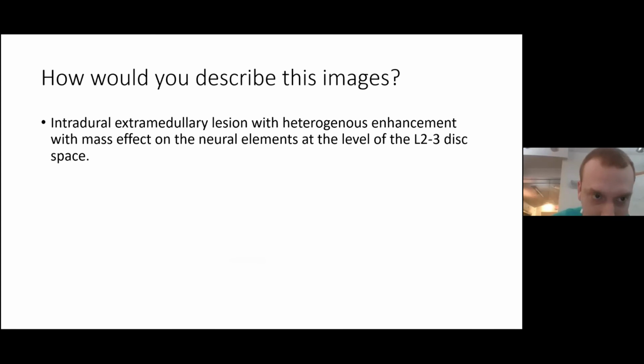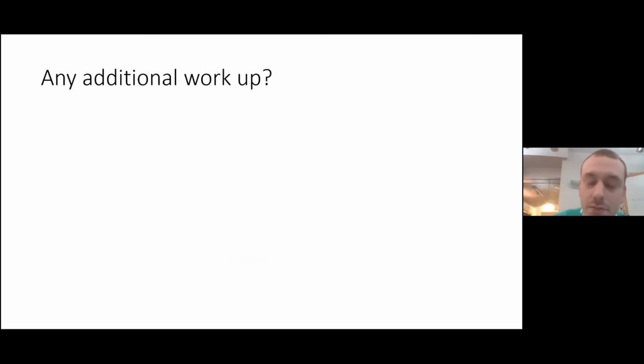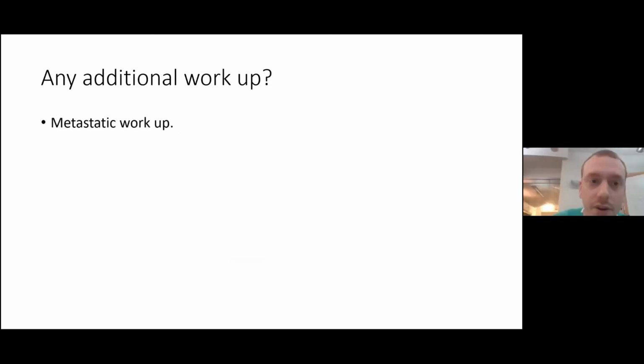Very good. So intradural extramedullary with heterogeneous enhancement, as you said. Any additional workup with this kind of lesion? What do you think? Metastatic workup. Yeah, although very rare. If the patient has a history of cancer, you can do it, but this is not the case.